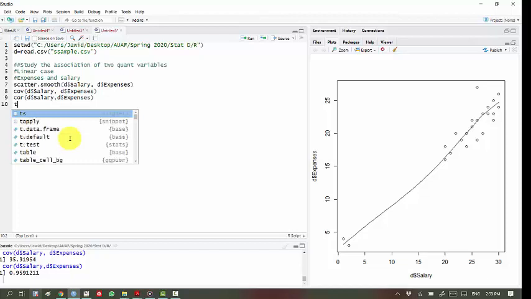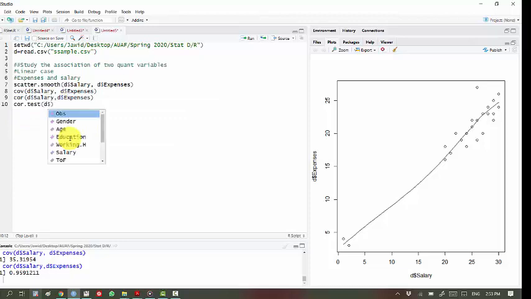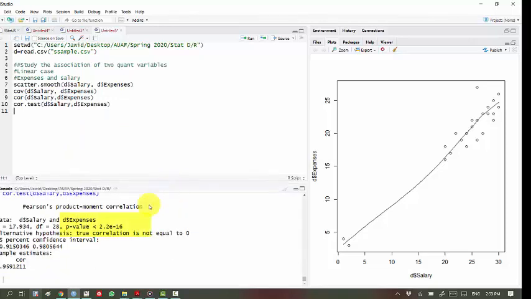Furthermore, I can test the significance of the correlation using cor.test, $d$salary, $d$expenses, and you can see the p-value here. The p-value is almost 0. That means the correlation is significant.